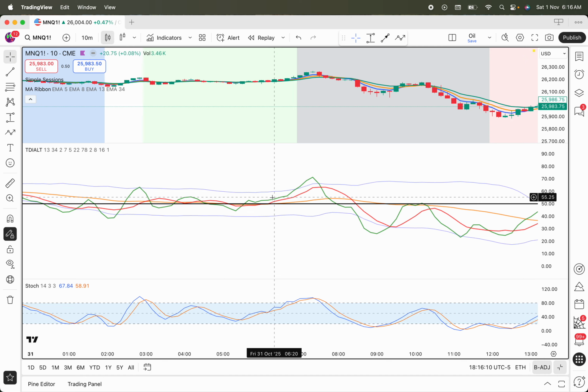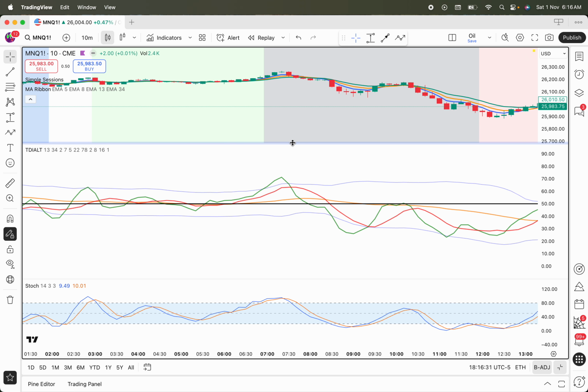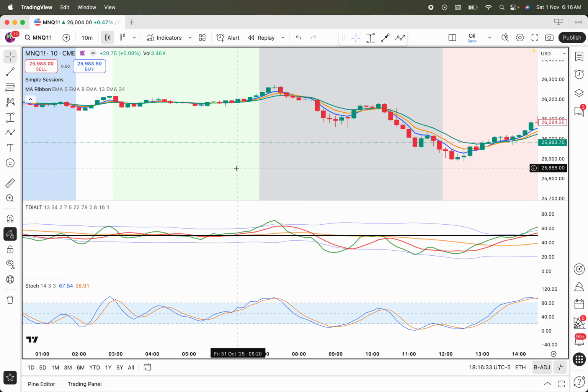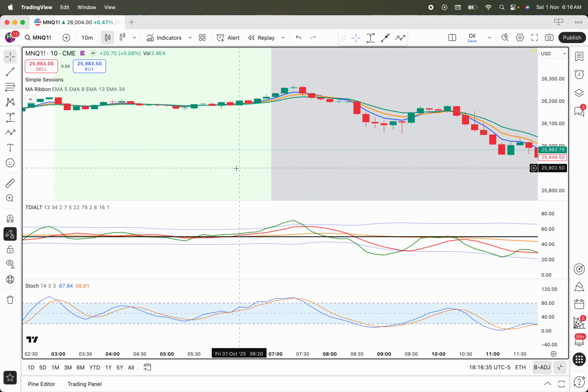So to me, when I have green above red, and it's above orange, and it's above this black line, we're looking for longs. And it's the same for shorts. Green below red, below orange, below the black line, we're looking for shorts. Okay, it's as simple as that. And so your entries for longs would have been here on this 10-minute chart.